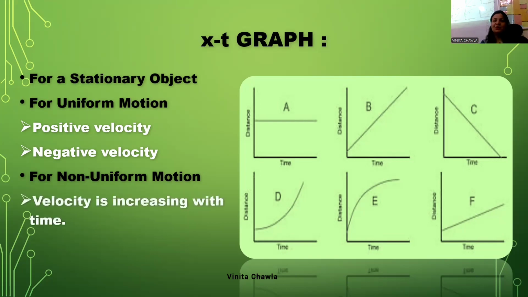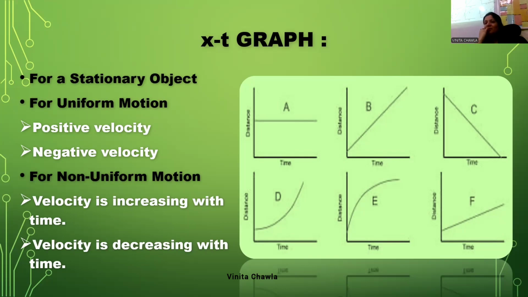In graph D, velocity is increasing with time, while in graph E, velocity is decreasing with time. We have one more graph, graph F.